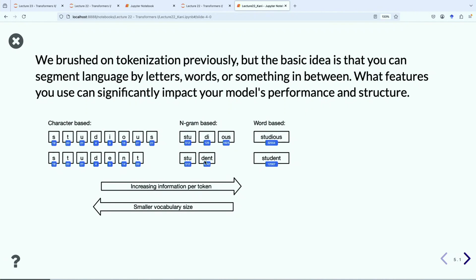Or we can have a combination of things, right? So, for instance, the n-gram-based approach is a combination of word-based and character-based. For instance, you want the word study to be tokenized, but it might be good to tokenize basically STUD as one thing, and then Y as another, or IOUS as another thing.